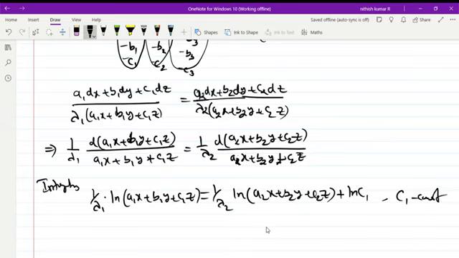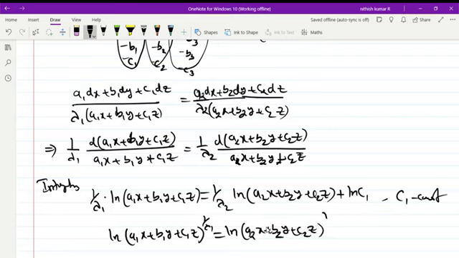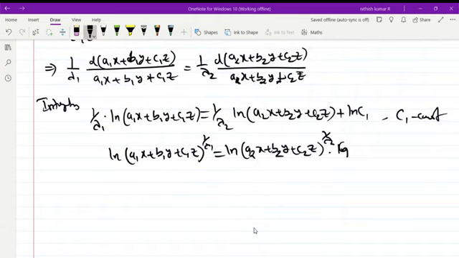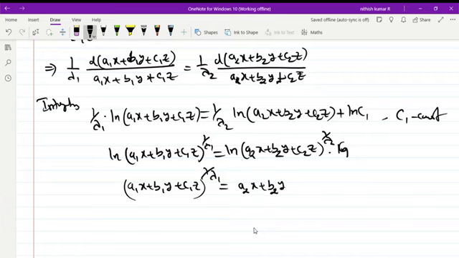By rearranging and simplifying, cancelling the ln, I will get a1x plus b1y plus c1z to the power 1 by lambda 1 is equal to a2x plus b2y plus c2z to the power 1 by lambda 2 into c1.